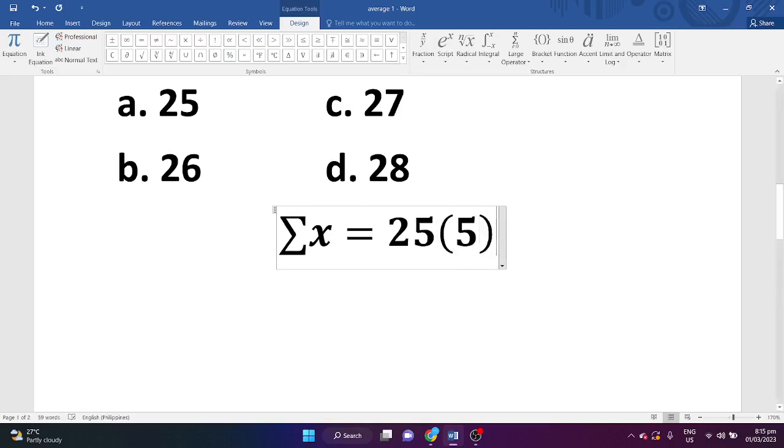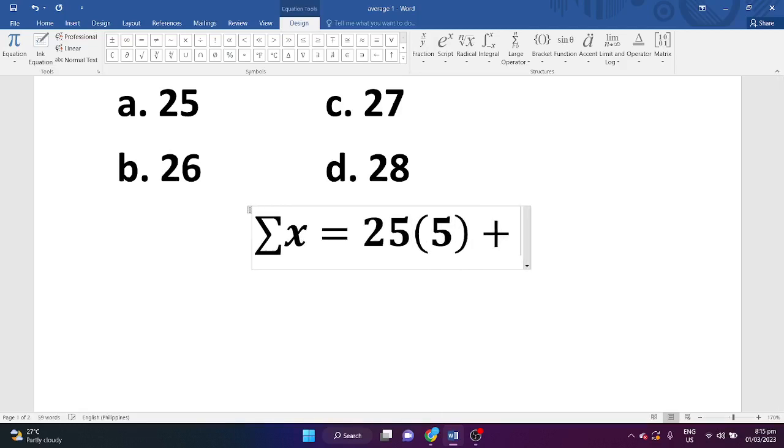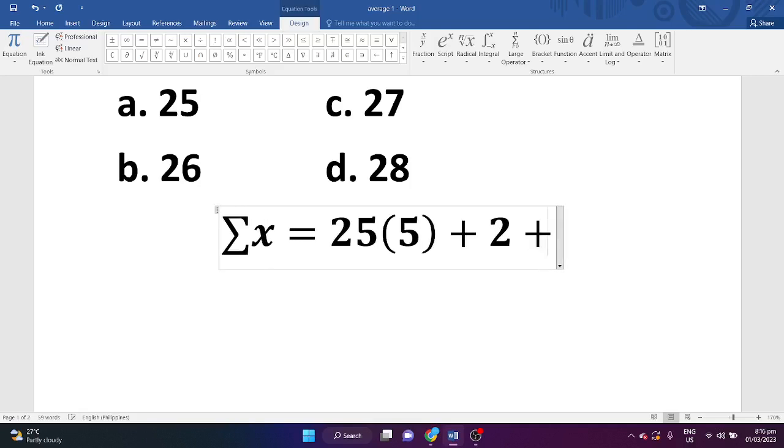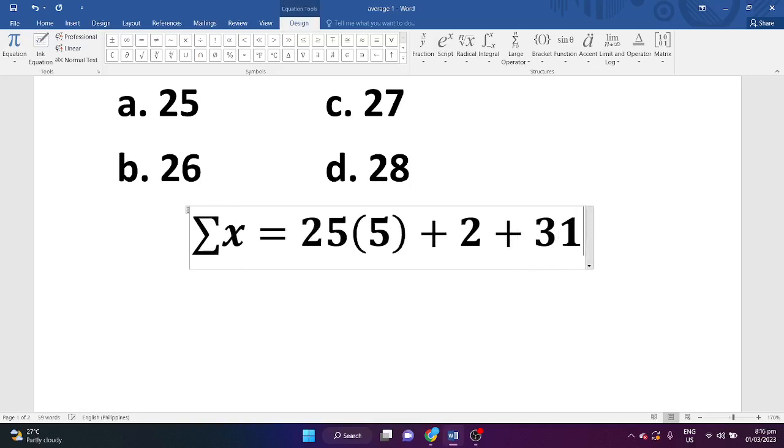So that's 25 times 5 plus, okay, we will add the two given numbers, the smallest and the largest, and these are 2 plus 31.